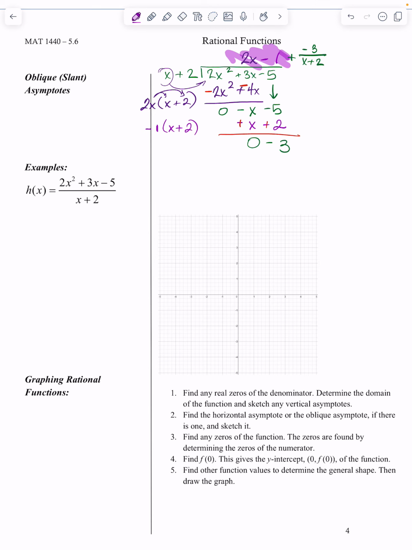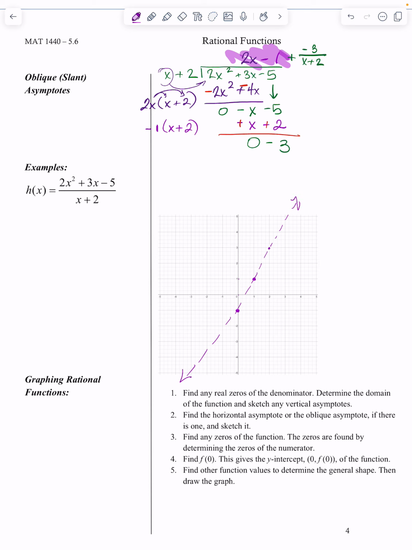So 2x minus 1, I got an intercept of negative 1, slope of positive 2, so up 2 over 1. Here is what my slant asymptote looks like.